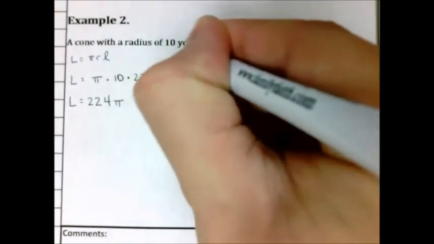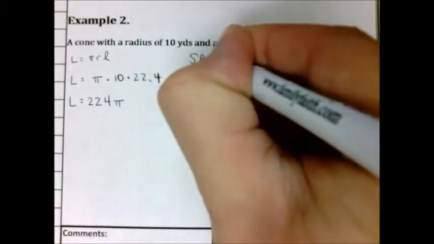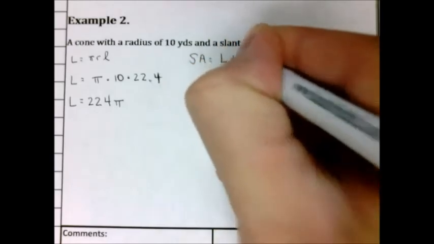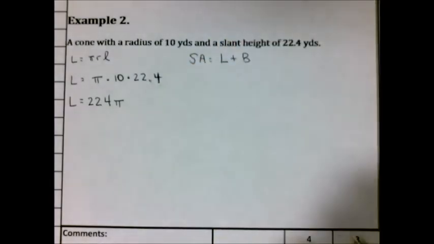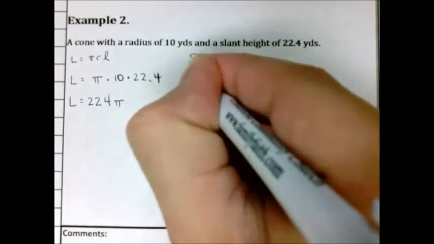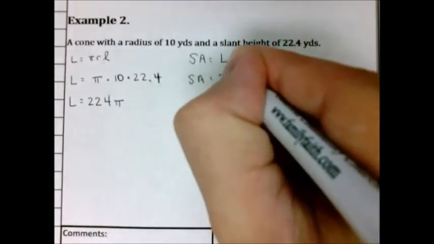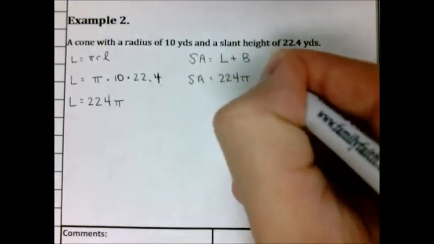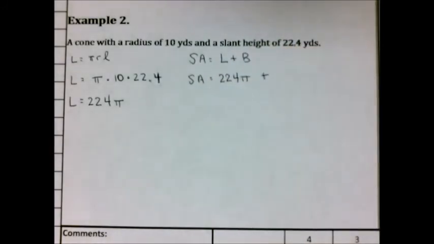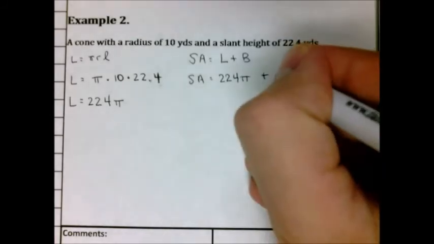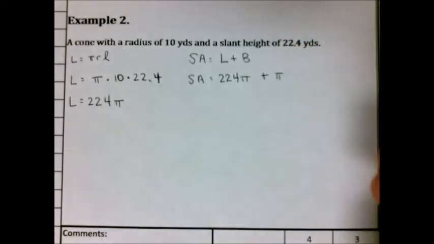Next, we still have to find our surface area. That's just our lateral area plus our base area. Substituting this information in, our lateral area is 224 pi, plus our base area. Remember, the area of a circle, because our base is in the shape of a circle, is pi times radius squared.